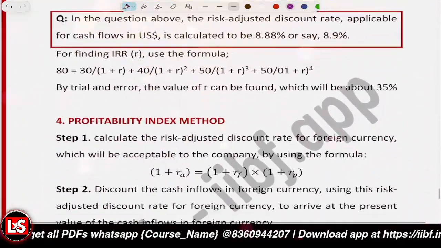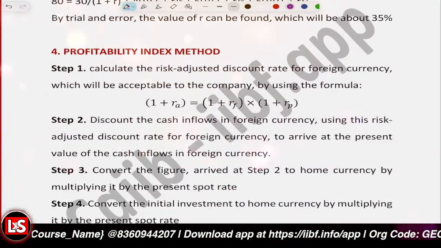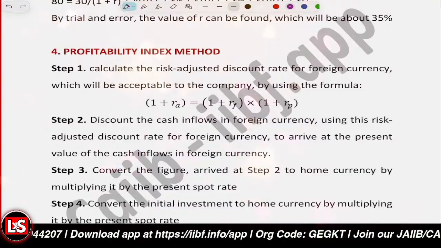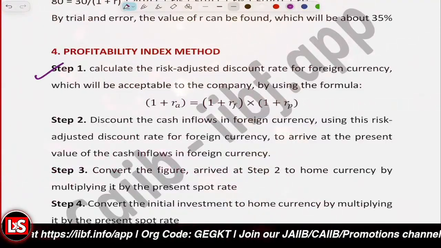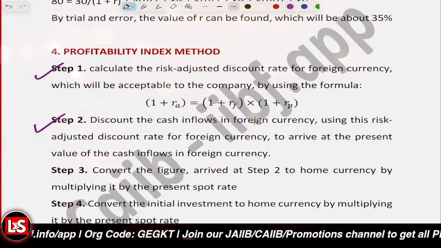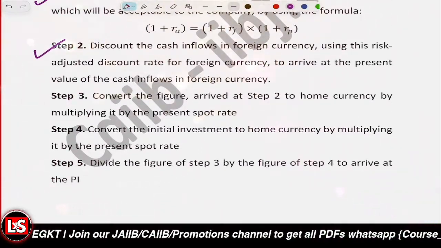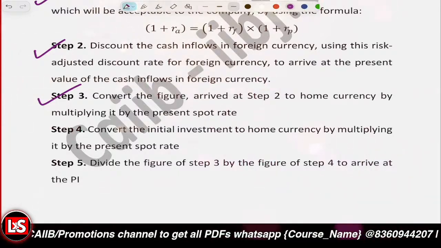Further after that, it's about the profitability index method, the PI method. We first calculate the foreign currency risk adjusted discount rate. Second step, we discount the foreign currency cash inflows, so the present value of the inflows will be in foreign currency. Then we convert the foreign currency into the home currency by multiplying it with the spot rate.